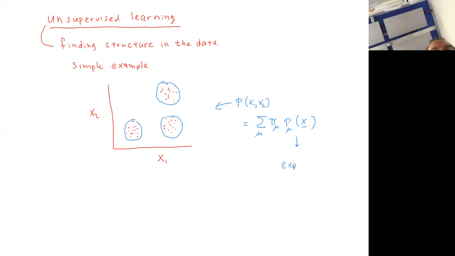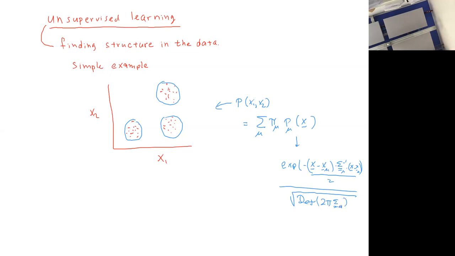This is a common mixture of Gaussian models. So exp of minus x minus x_mu, that's its mean, dot sigma_mu inverse dot x minus x_mu, over 2, over normalization, the determinant of 2 pi sigma_mu. Okay.